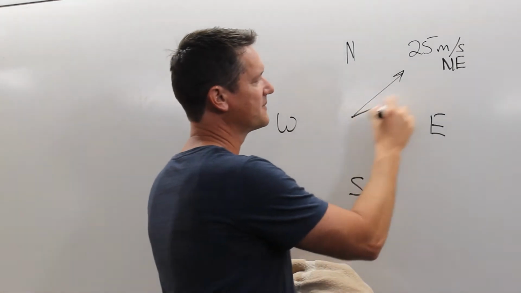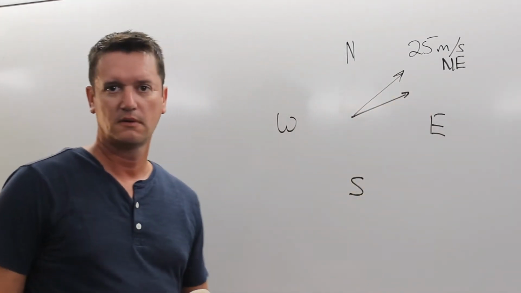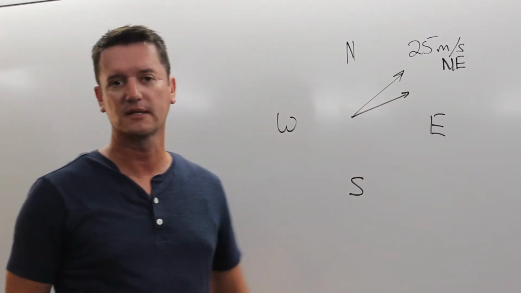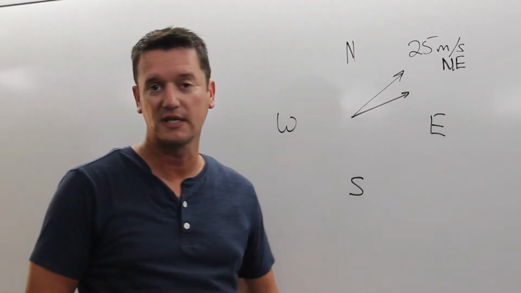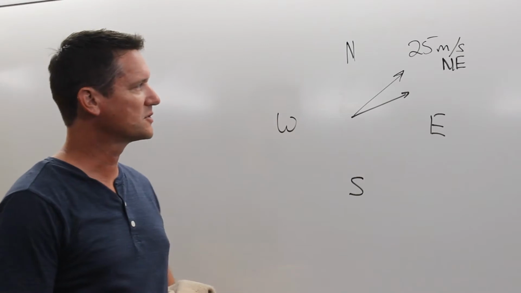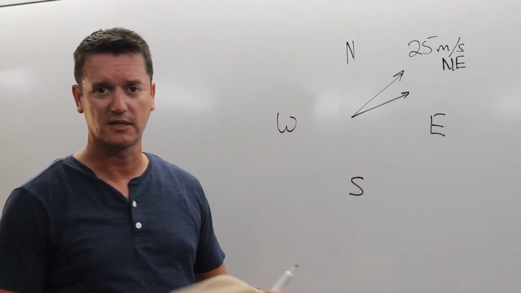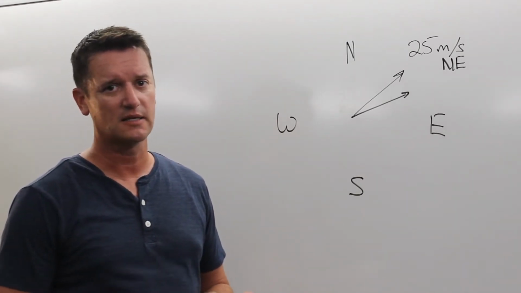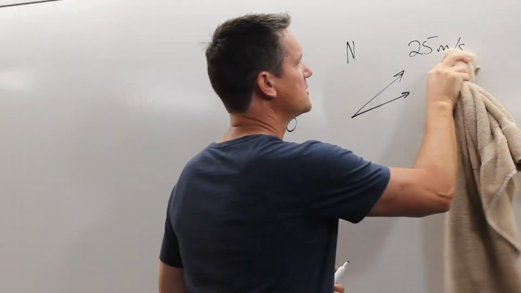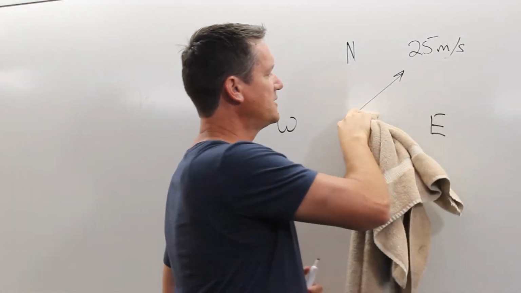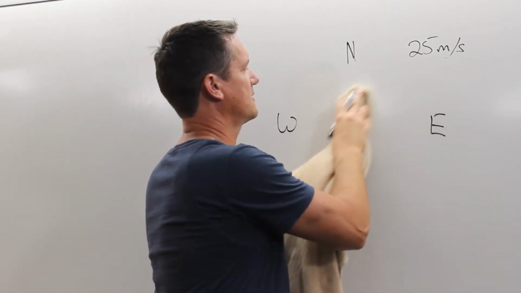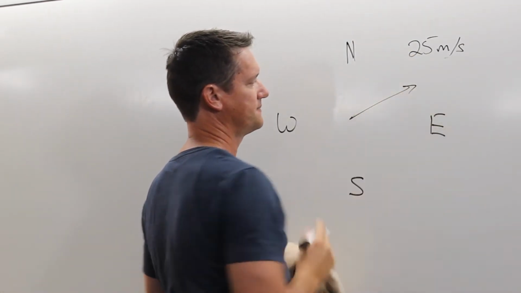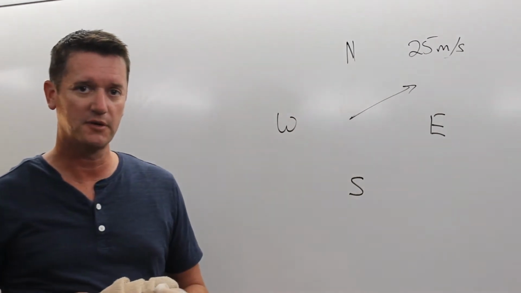In fact, what if I had something like this? Winds and airplanes a lot of times will say north-northeast, or northeast, or east by northeast, something like that. Those are different ways that we can start to differentiate these, but we really need to be more precise when we're dealing with numbers. So let's draw this again, maybe in here like this. Here's my vector, 25 meters per second.